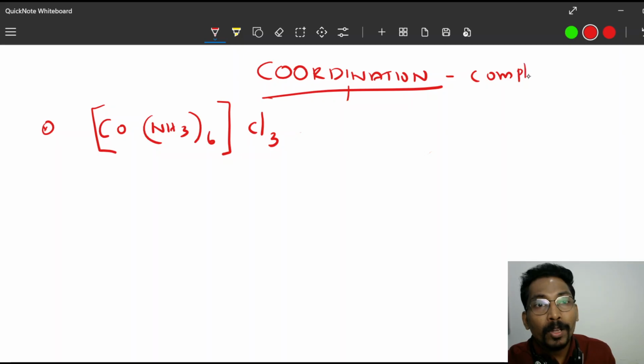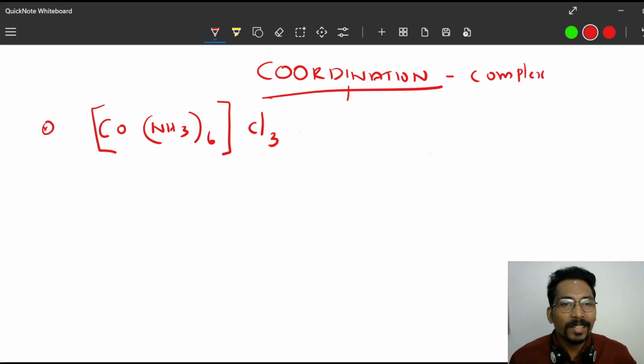Why? Because their structure is complex. You can see their structure is a little complex in nature.